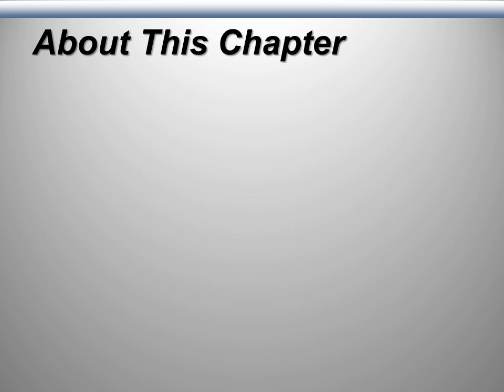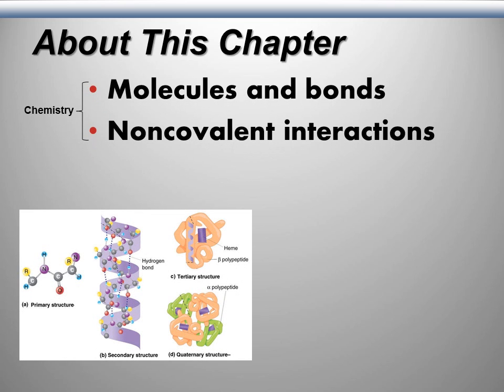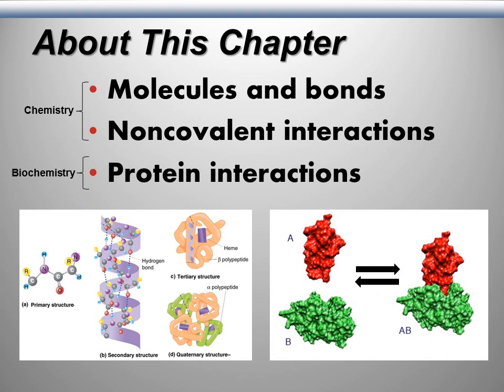So about this chapter today, we're going to deal with the chemistry side of it: molecules and bonds, the properties of atoms, and the non-covalent interactions that I'll discuss a little more later on. These then lay the foundation for the biochemistry, which leads to protein interactions. Interactions is another way of saying functions in some cases.